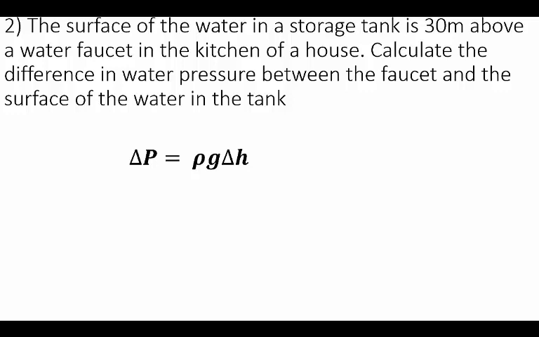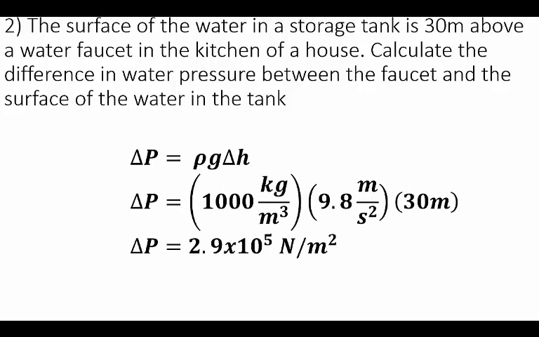We're going to have a change in pressure equal to the density times gravity times the change in height. All we really need to know is the density of water and gravity, and we can go to town. So the density of water being 1,000 kilograms per meter cubed, gravity being 9.8. Plug in the numbers, and that's it.